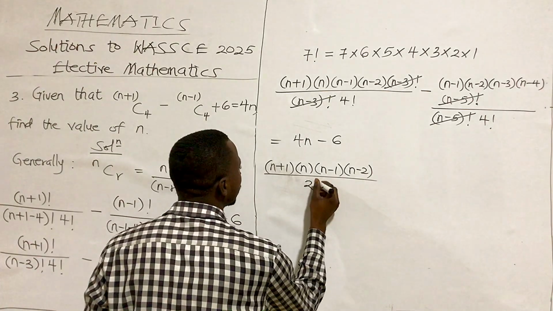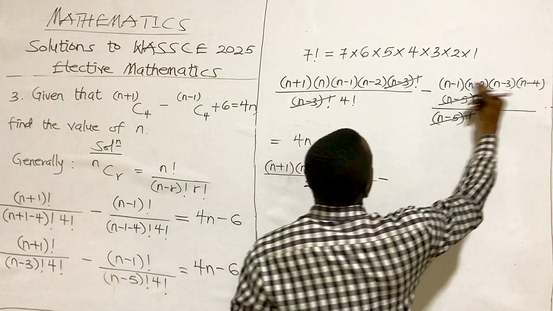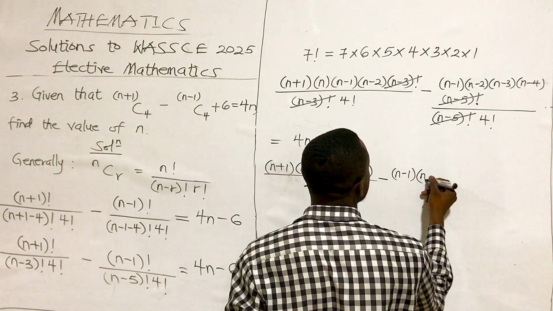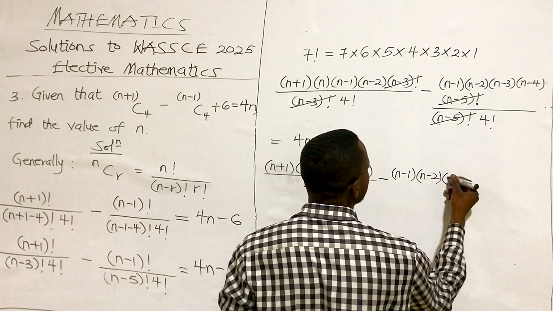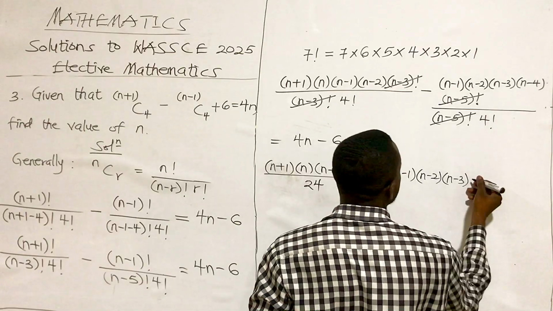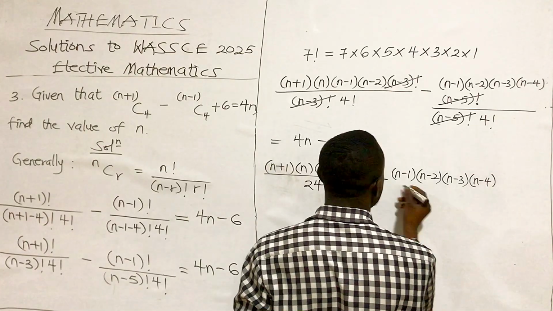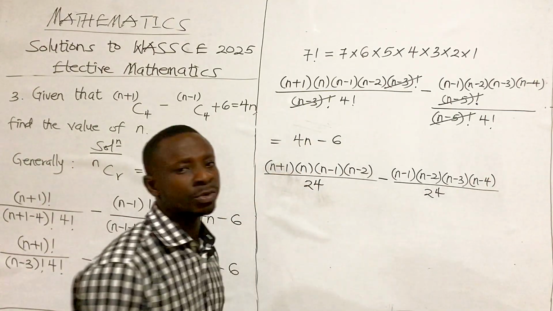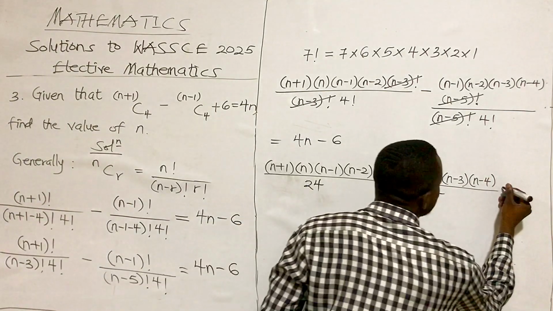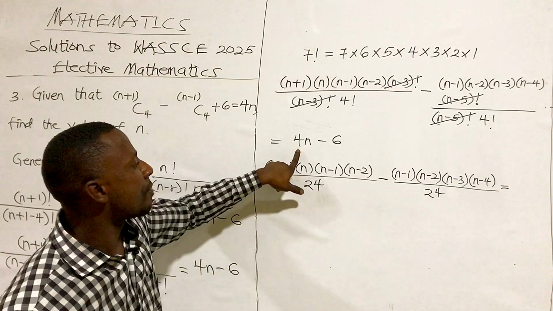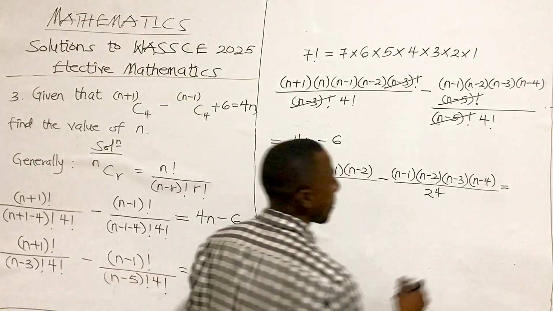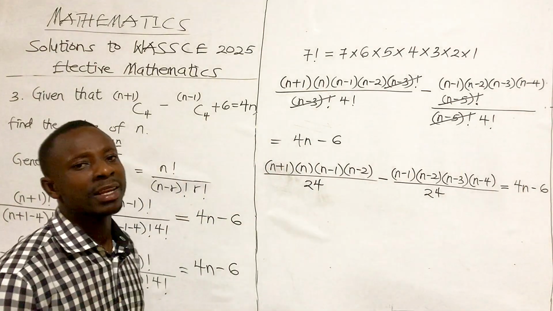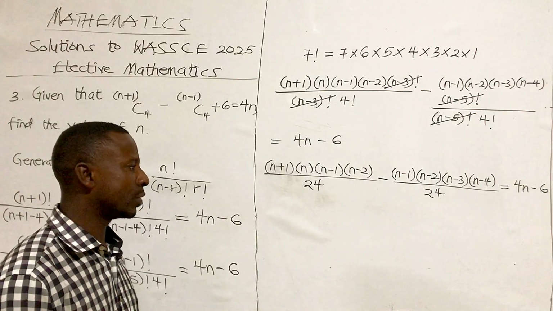Very good. So we have 24 minus, and from here we have n minus 1, n minus 2, n minus 3, n minus 4, all over 4 factorial again, which is also 24. And it is equal to 4n minus 6. 4n minus 6. So now let's look at how we are going to continue from here.